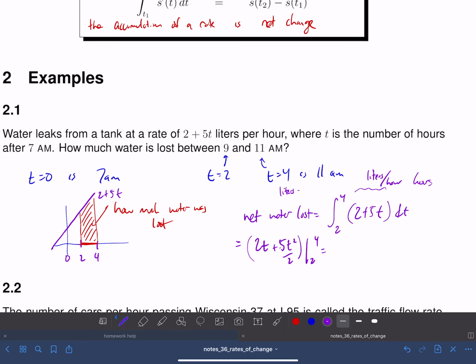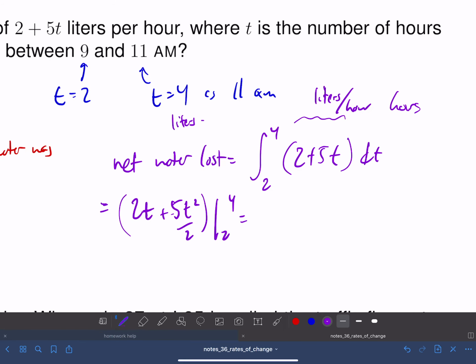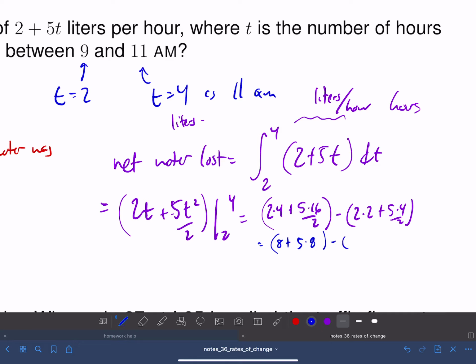That's equal to 2 times 4 plus 5 times 16 over 2, minus 2 times 2 plus 5 times 4 over 2. All I did was evaluate. So I've got 8 plus 5 times 8, minus 4 plus 5 times 2.